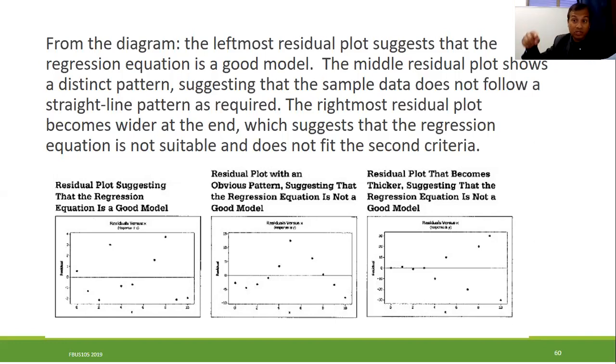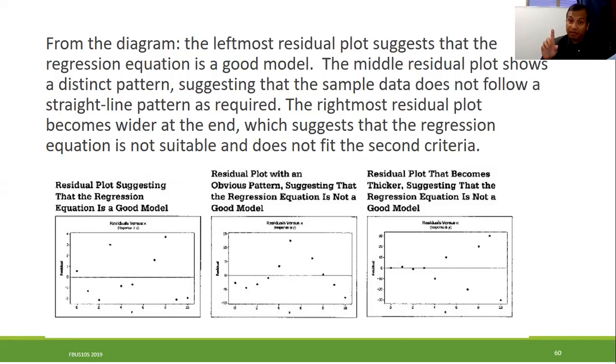Something like an inverted U, or maybe a U pattern. It should not display any pattern. So the residual plot in the second case has an obvious pattern, suggesting that the regression equation is not a good model.